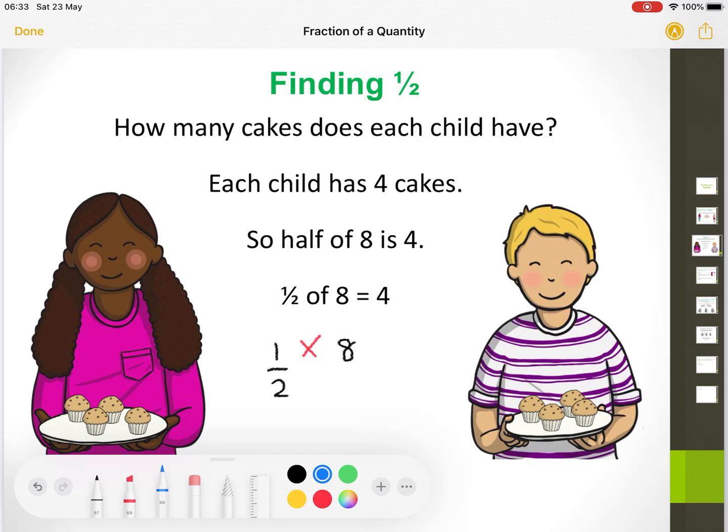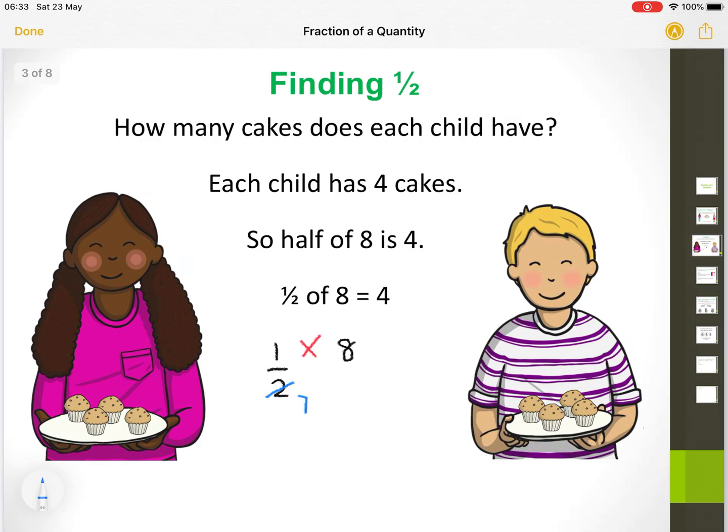Remember that we have to divide both the numerator, the top number, and the denominator by the same number. Now 8 is on top, it's not a numerator, but it's on top. 2 is at the bottom, so I can simplify them. 2 divided by 2 goes 1. 8 divided by 2 is 4.